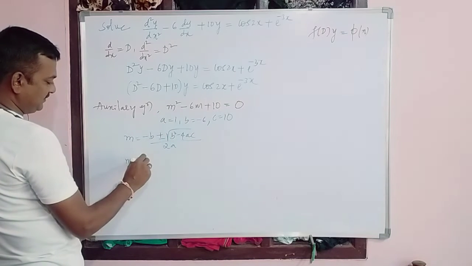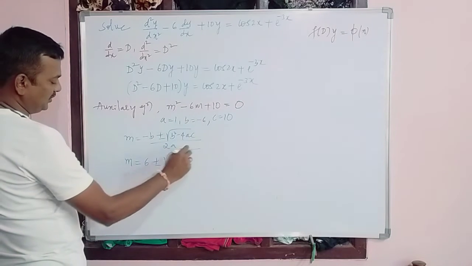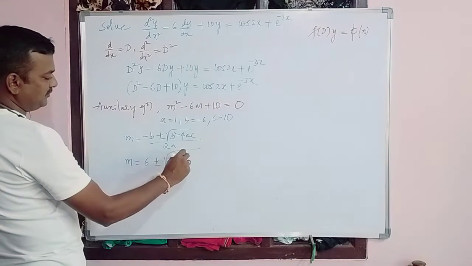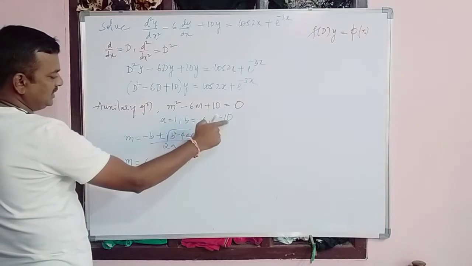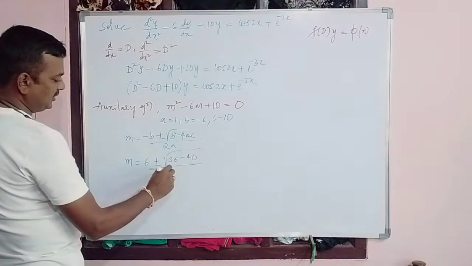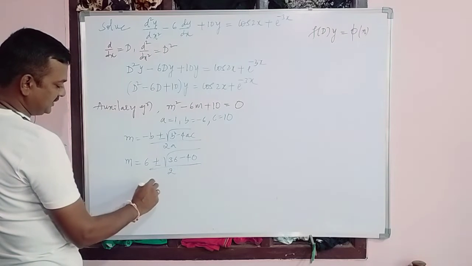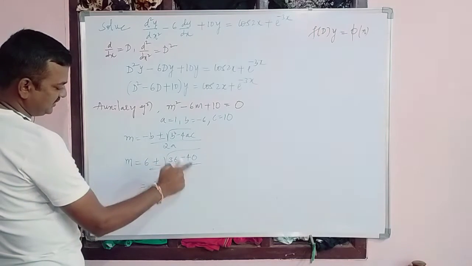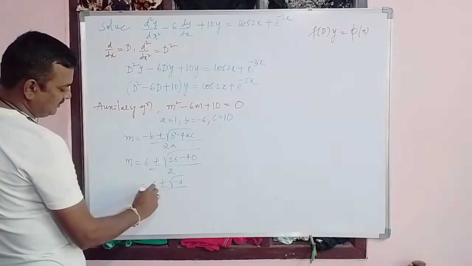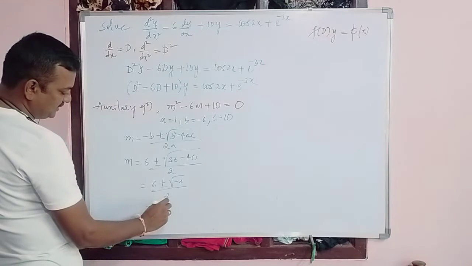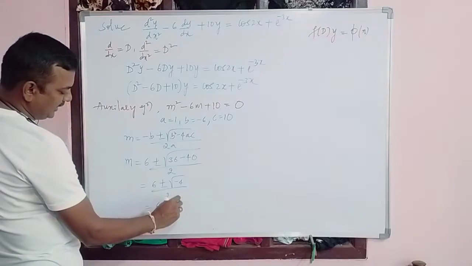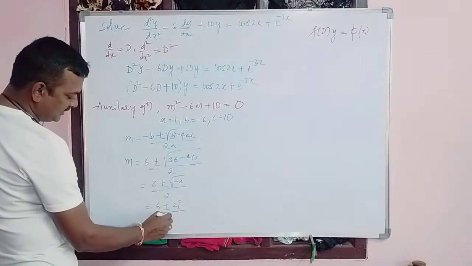That is 6 plus or minus square root of 36 minus 4 into 1 into 10, which is 40, divided by 2 into 1, which is 2. So 6 plus or minus square root of 36 minus 40, that is minus 4, divided by 2. The square root of minus 4 is 2i, which is imaginary, divided by 2.